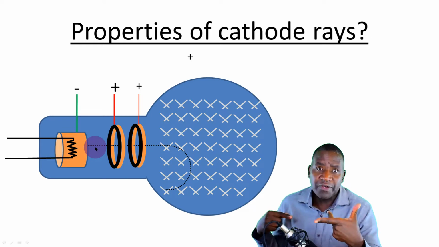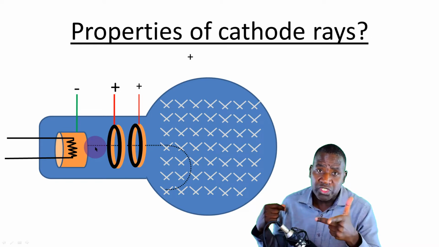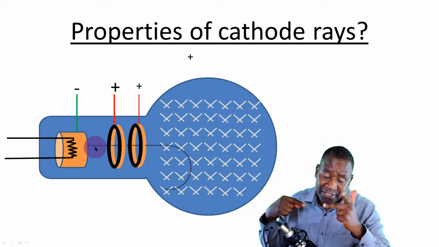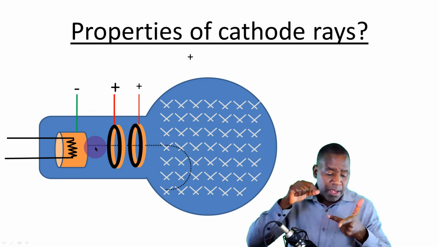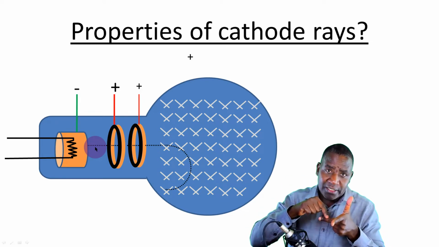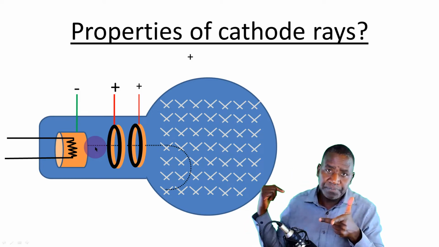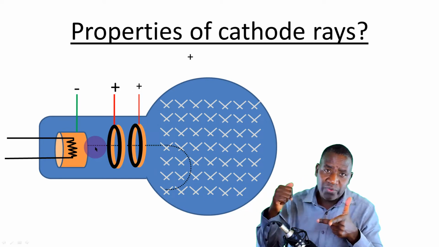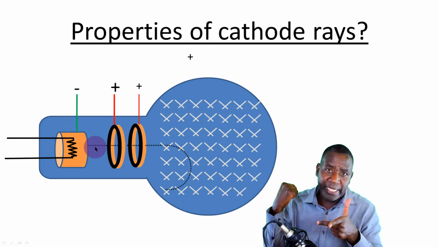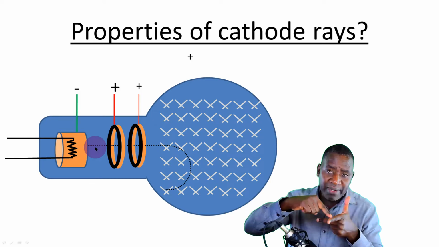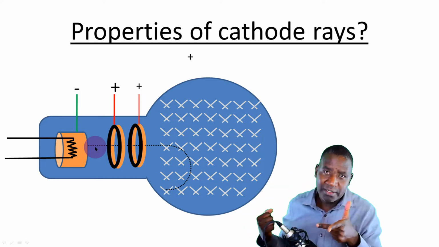Remember, in magnetic effect of an electric current, we studied this Fleming's left-hand rule, and we said, if you have a conductor carrying current and that conductor is placed in a magnetic field at 90 degrees to the magnetic field, then that conductor will experience a force which is perpendicular to both the magnetic field and the current.